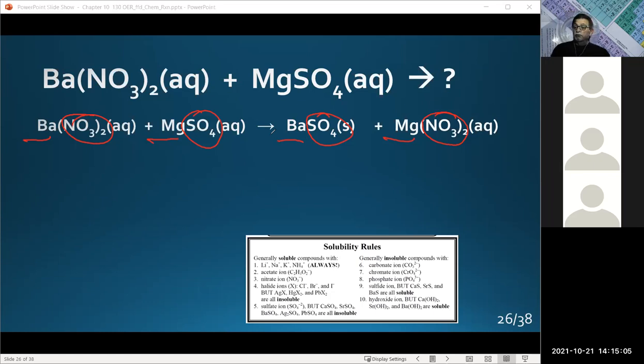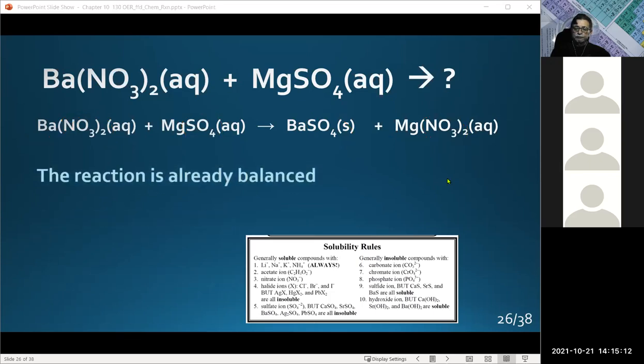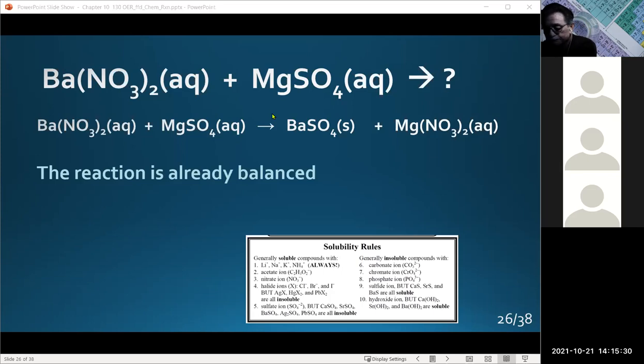Lo and behold, boom, you're balanced in this example. The reaction just by default balances itself out. It's simply because the cations, both the barium and the magnesium ions, are both 2+. They kind of fell into place.